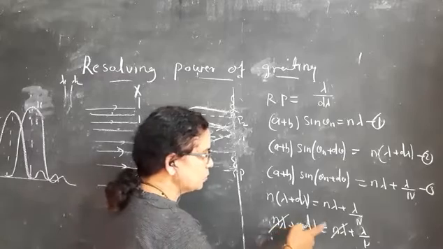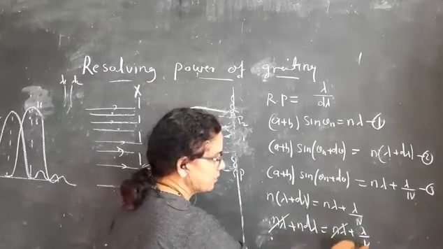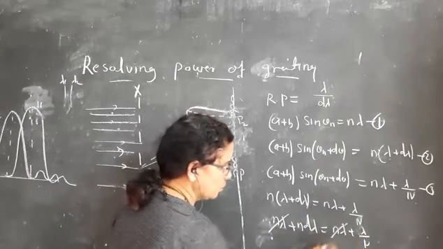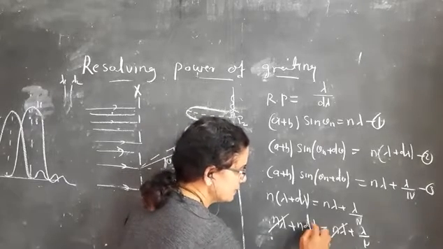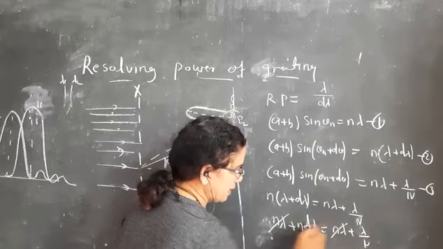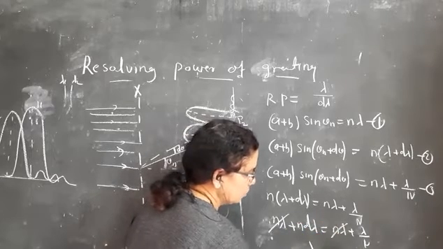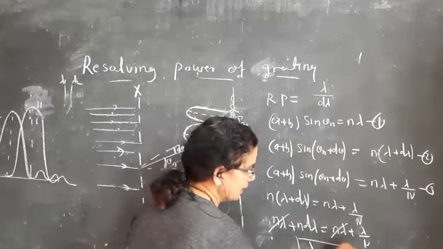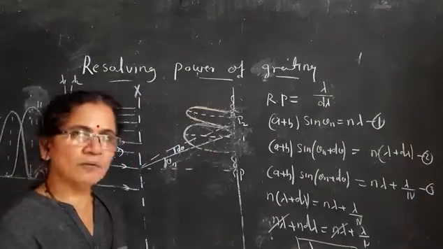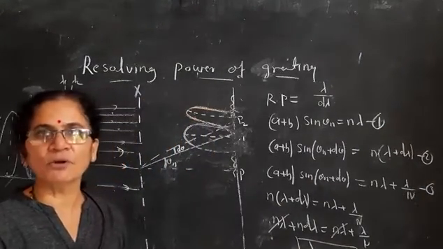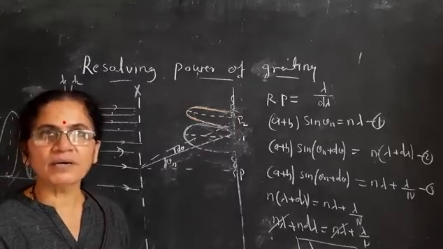So this is n into d lambda is equal to lambda by N. Or from here I can write lambda upon d lambda: this d lambda I am taking over here and n I will bring here. That's equal to n into N, and that's the resolving power of a grating. Here n is the order and capital N is the number of lines per centimeter.